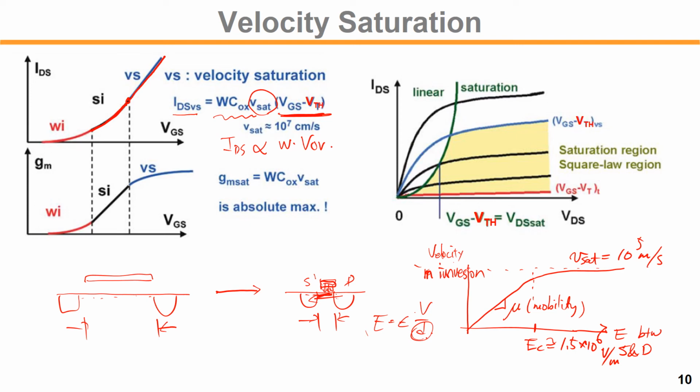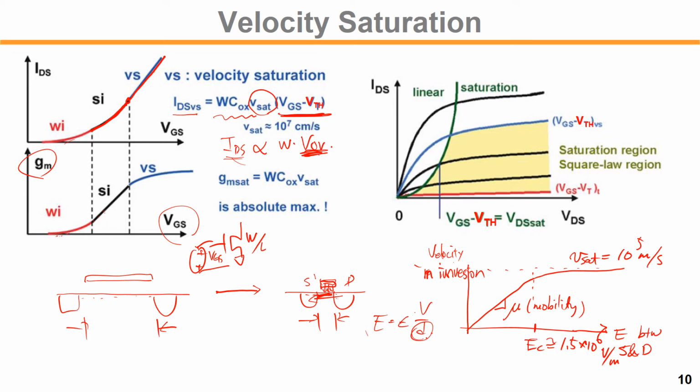So this is linearly proportional: IDS is proportional to VO. And the GM of this device, if you take the derivative, goes up as we increase VGS for the same size of the device, giving you higher current.